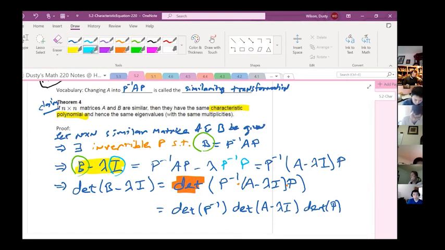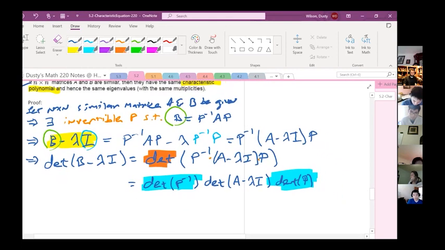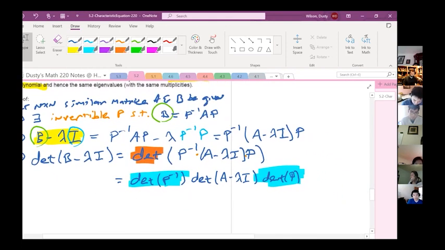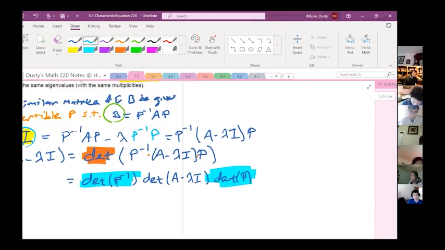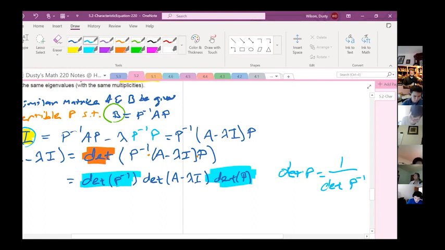What can you tell me about the determinant of P inverse and the determinant of P? They're probably not equal to each other. Inverses is a funny word. They're reciprocals of each other. So determinant of P equals 1 over the determinant of P inverse.